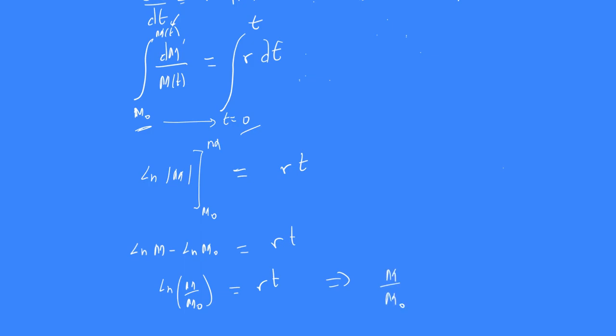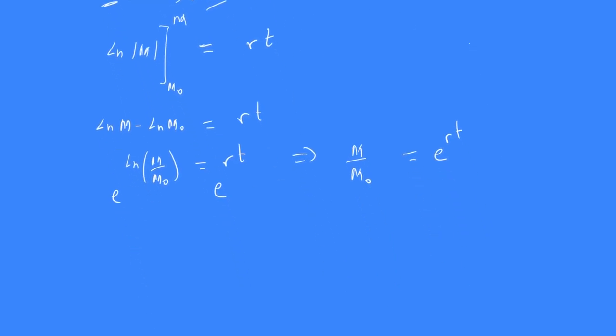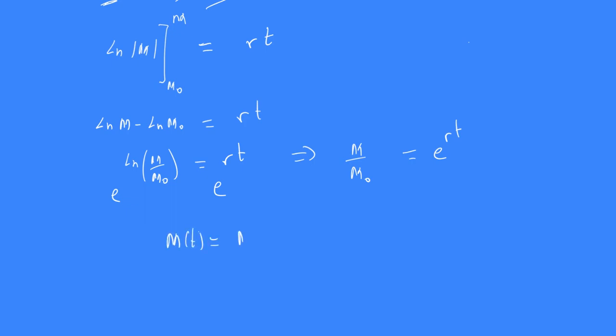If I put e to the logarithm of m divided by m0 equal to e to the rt, e raised to the logarithm of m divided by m0 is the number m divided by m0, and this will be e to the rt. So m of t will be m0 e to the rt.